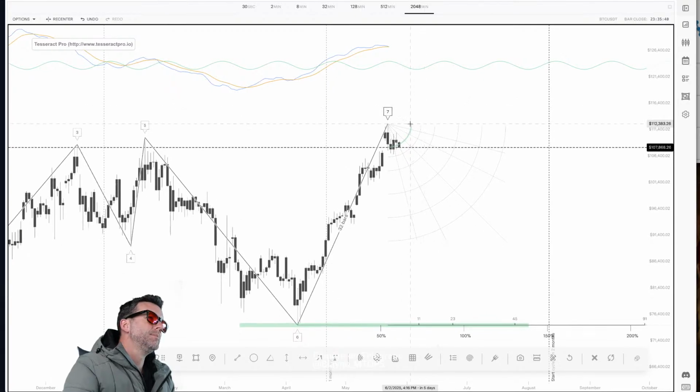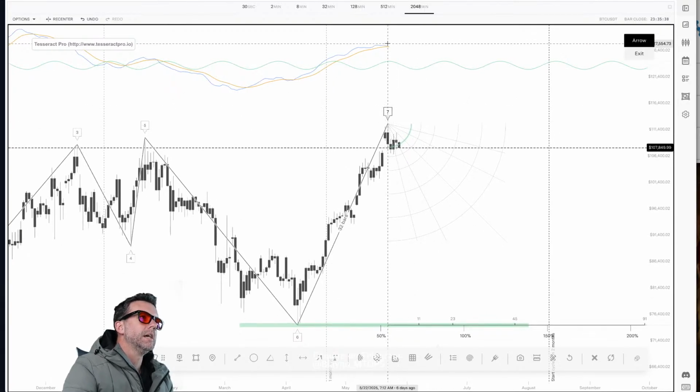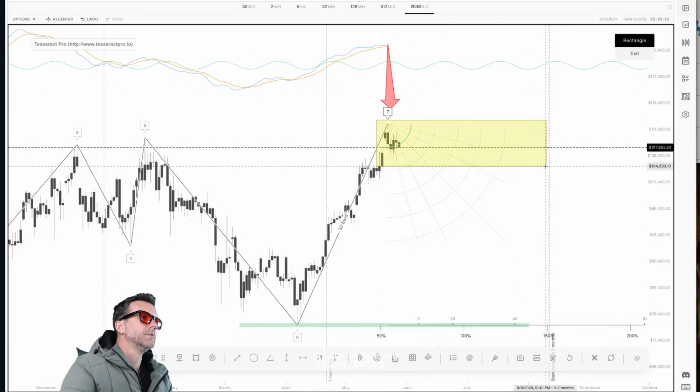I suppose it has to be a downtrend here because of the amount of space left in the cycle.